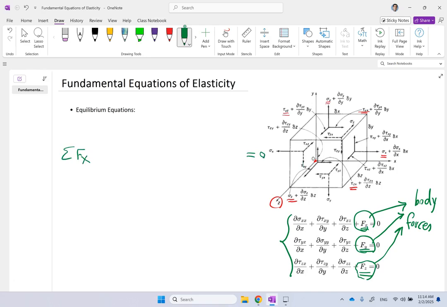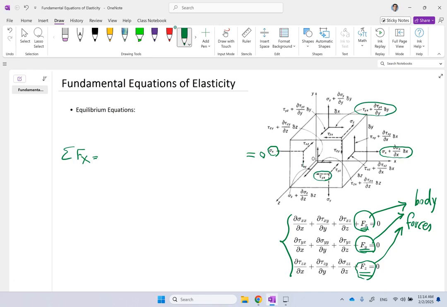Now, what forces do we have in the x direction? Let's look at all the forces that we have on this FBD of this infinitesimal element. Let's look at all of them that are in the x direction. Which forces are in the x direction? Well, clearly this force is in the x direction. This force is in the x direction, right? This guy is in the x direction. This one is in the x direction.